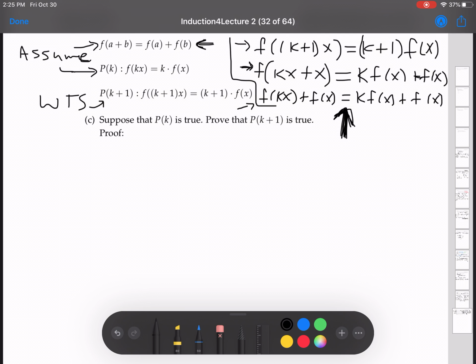So now you think to yourself, okay, what haven't I used yet? I haven't used the inductive assumption, right? The inductive assumption tells me that this is equal to that, right? And other than that, I just have the same thing on both sides. So it's got it. So that's how we're going to do it.